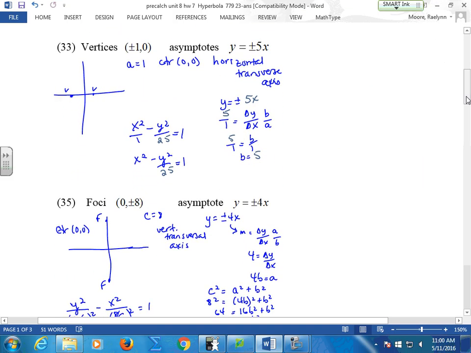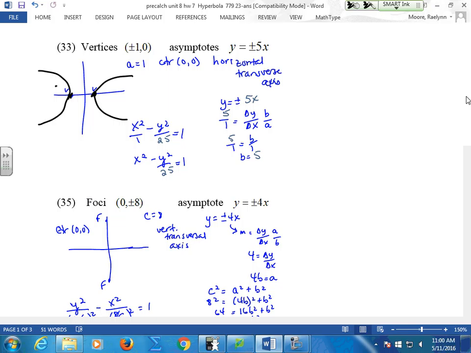So I'm given my vertices at (1, 0) and (negative 1, 0). So which way is my hyperbola opening up? To the side. Okay? Now my distance from my vertex to my center. Oops, I don't have a center. What's the midpoint between negative 1 and positive 1? 0. Good.